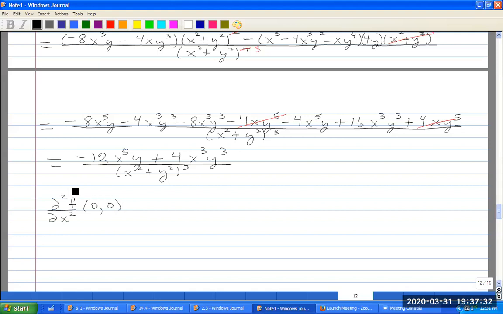Let's do the limit as x goes to 0, let's say, of the partial of f with respect to x, and let's do it along some path.